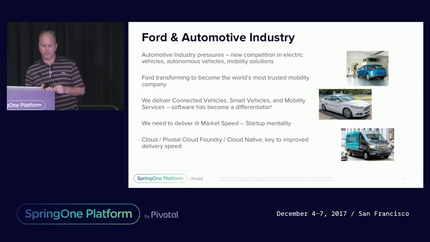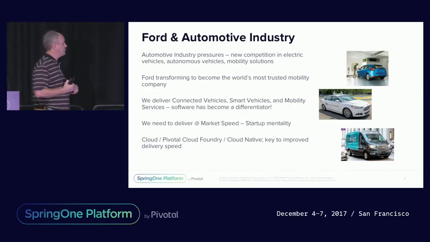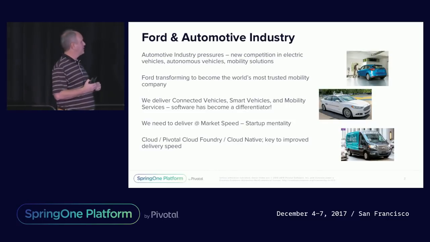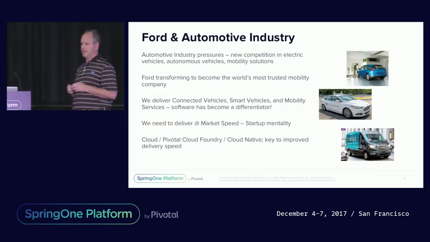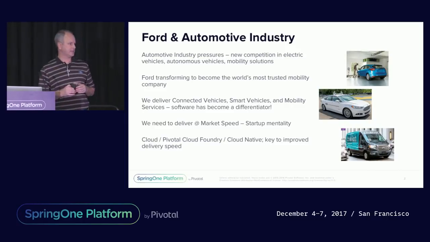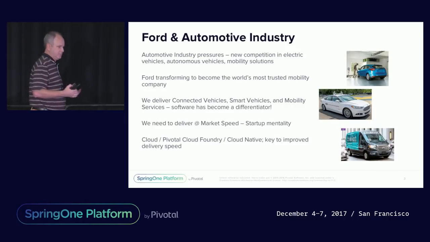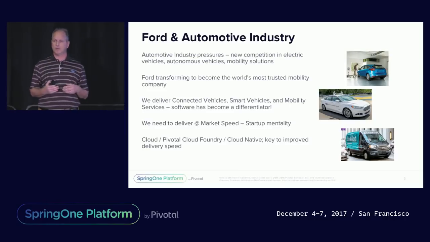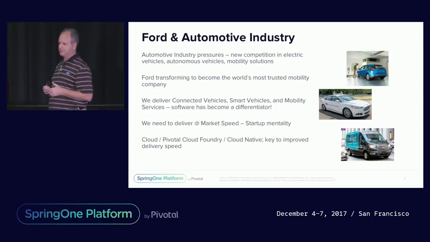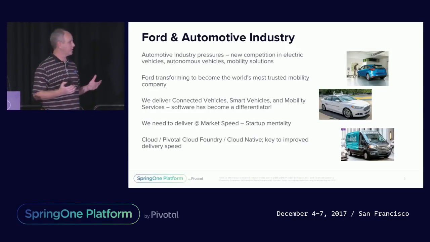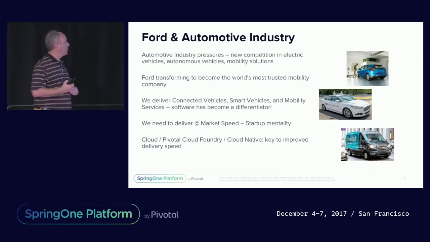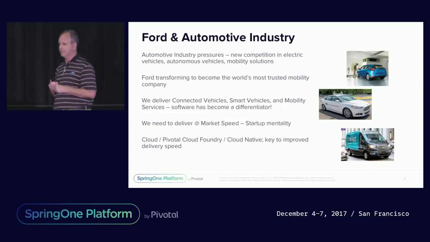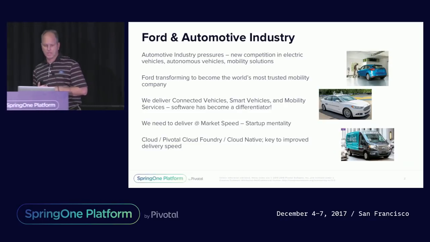So Ford is transforming to become the world's most trusted mobility company. Really that revolves around the fact that we realize, especially in the large cities like San Francisco, for instance, that not everyone can be driving a F-350 truck through town. It's just not enough room for them all.